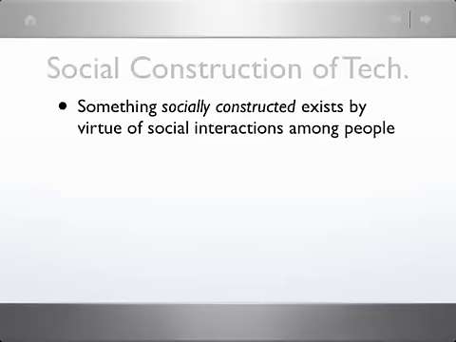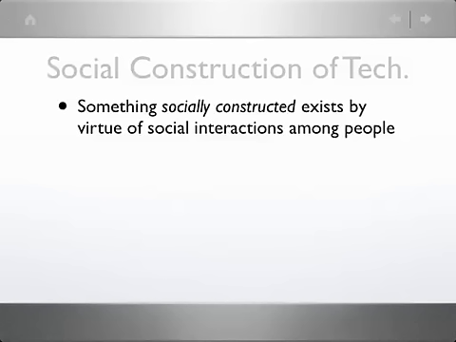So the first core concept that Nye talks about in Chapter 4 is this idea of the social construction of technology. To say that something is socially constructed means that it exists by virtue of the social interactions among people.